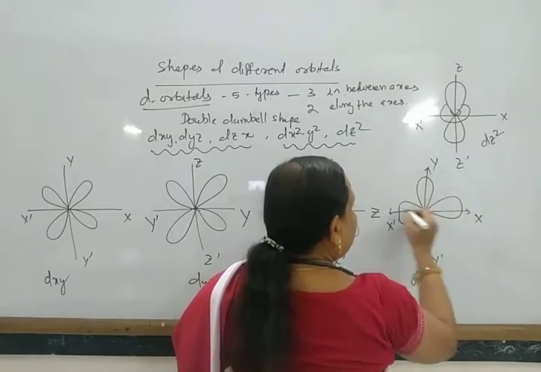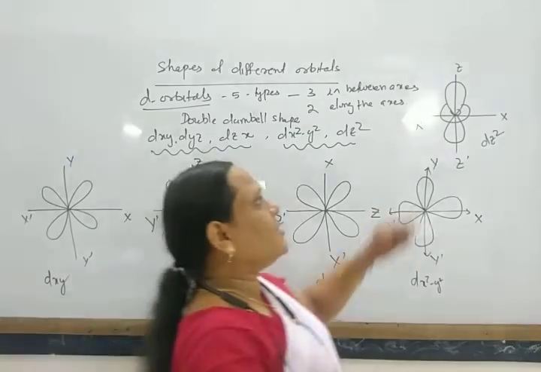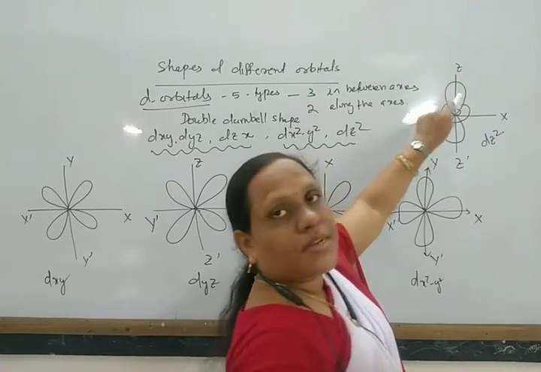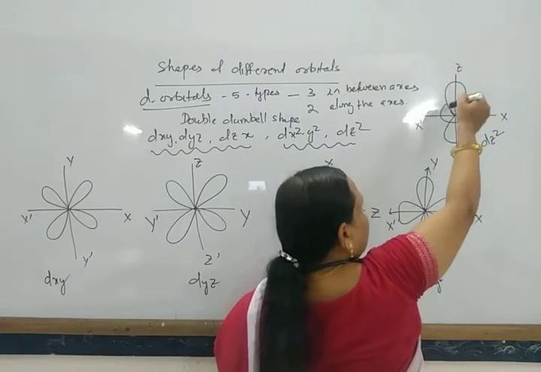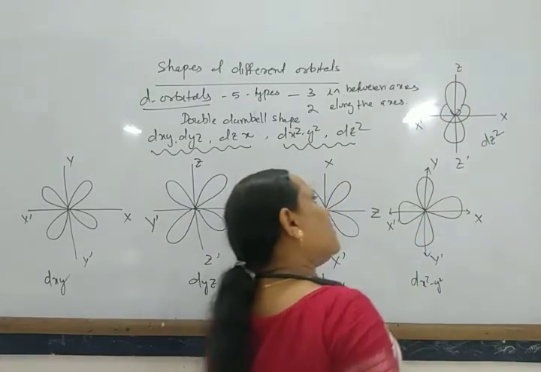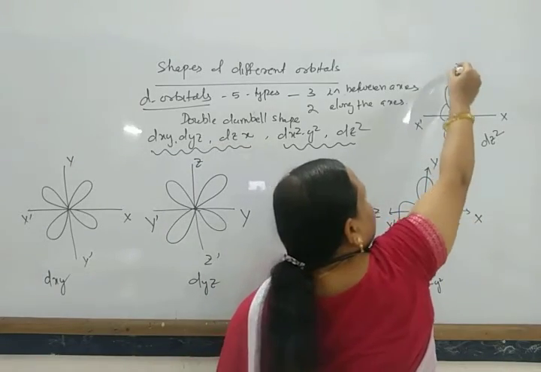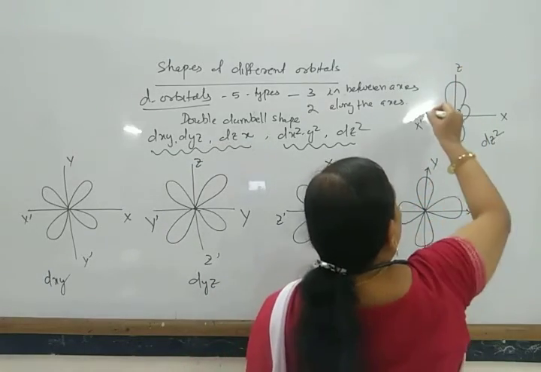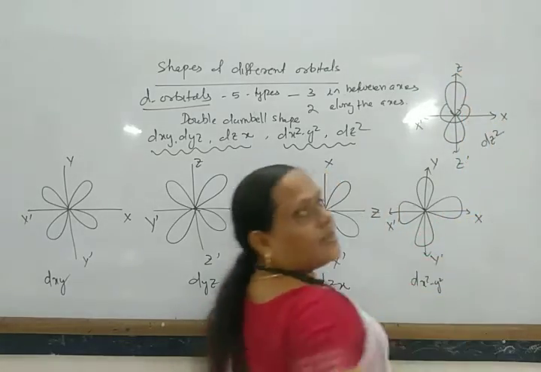And dz square remains along the z axis: 2 lobes like this and another circular portion like a ring surrounding them. As it is present only on the z axis, it is known as dz square.